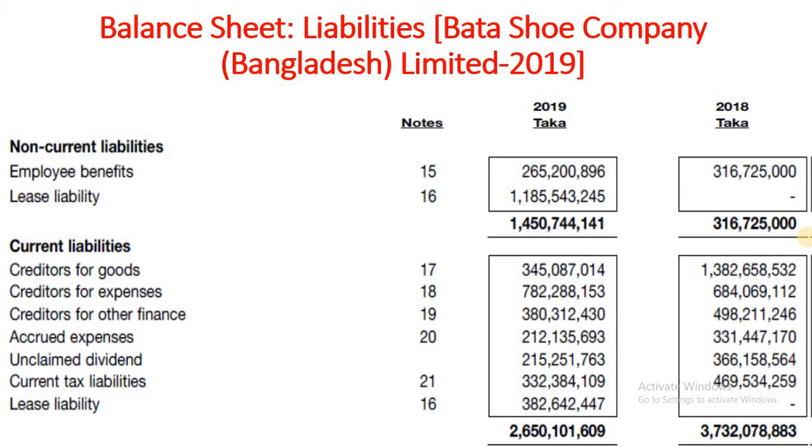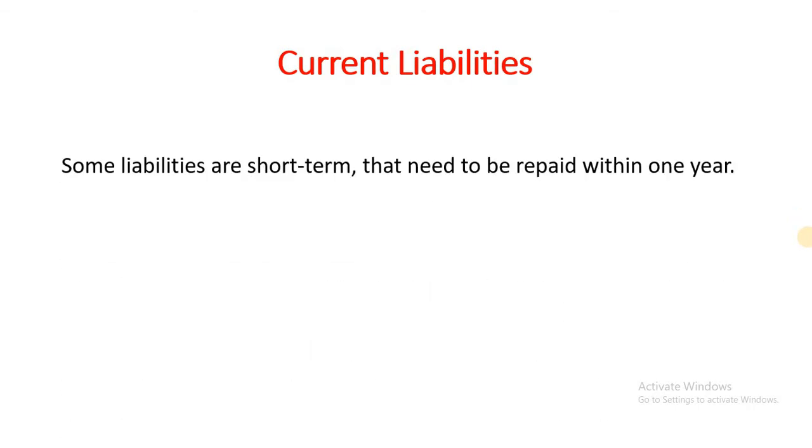Now, let's look at current liabilities. Current liabilities are short-term liabilities, or the liabilities which are needed to be repaid within 1 year. Now, consider the example I gave you before.